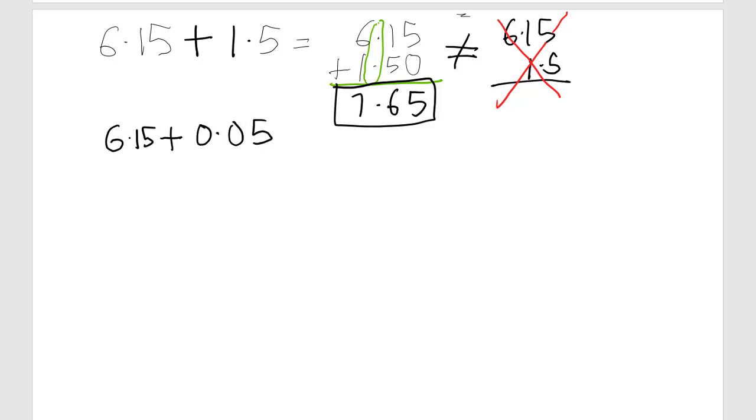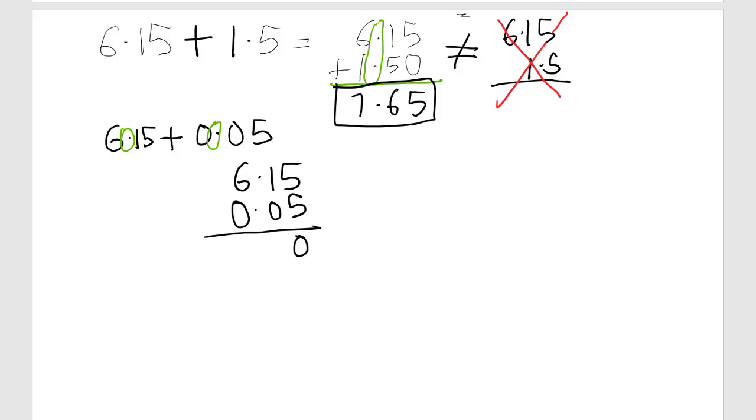Remember you have to align the decimal points. So you write 6.15 and align the dots. So this is how you solve this.